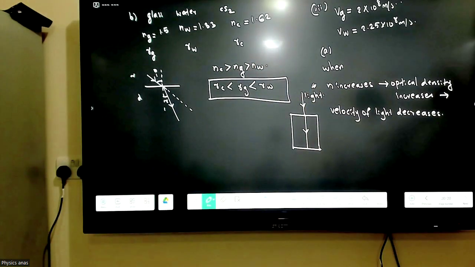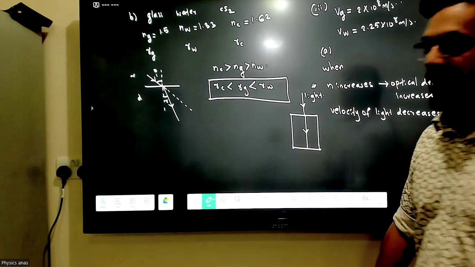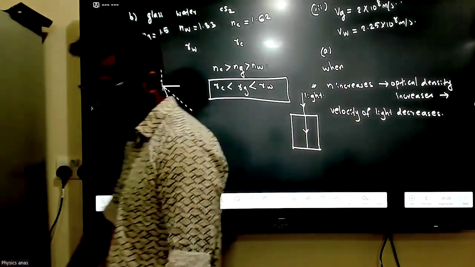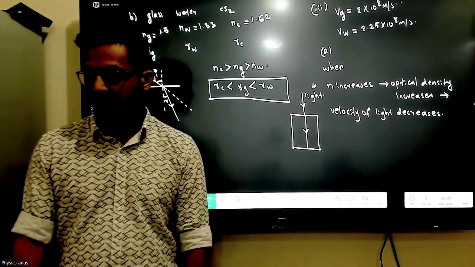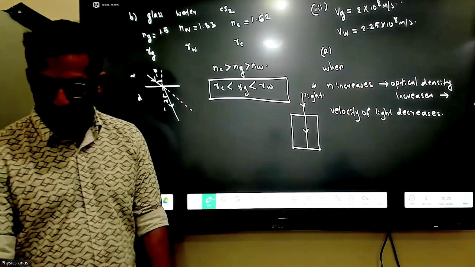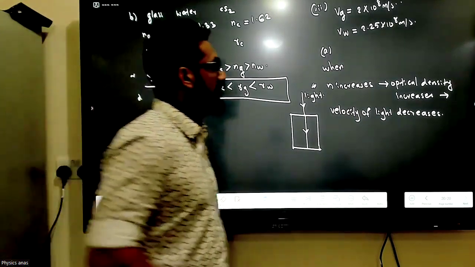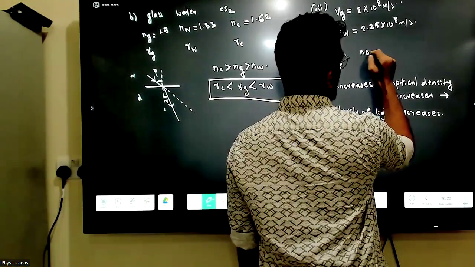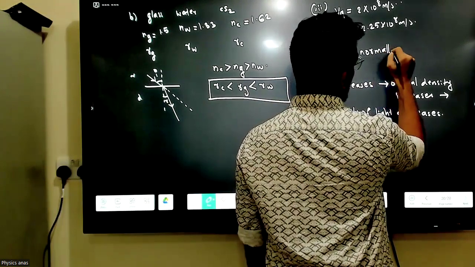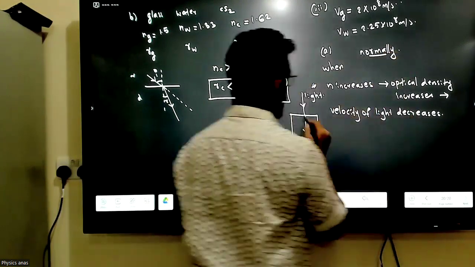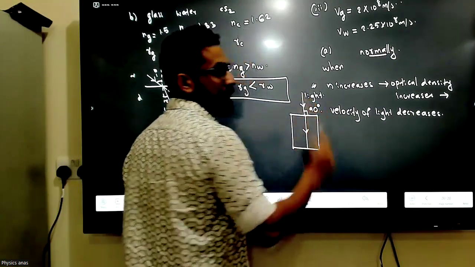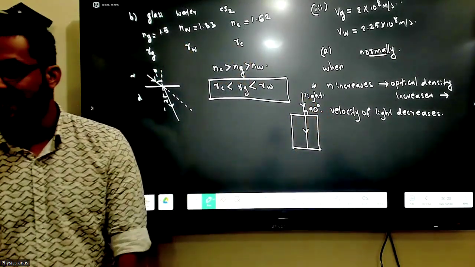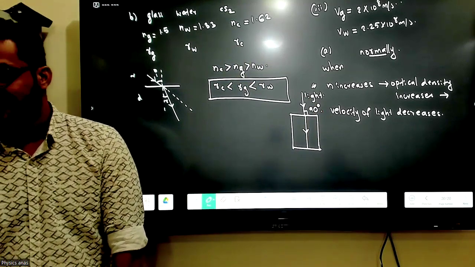Then underline the term normally. Normal means with the 90 degree. Did you understand that? Okay.